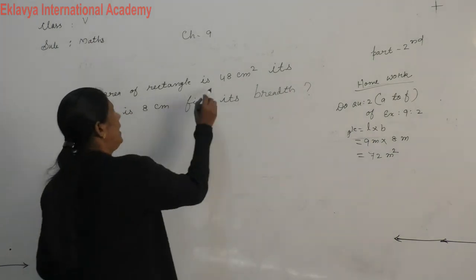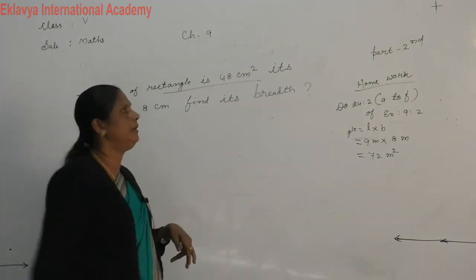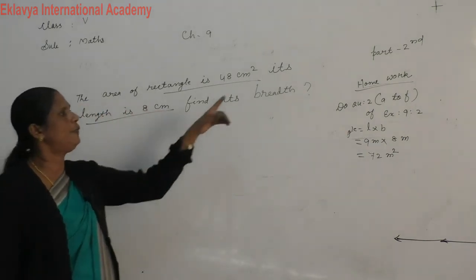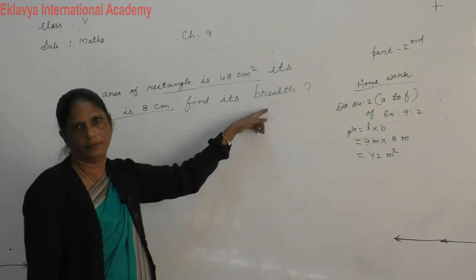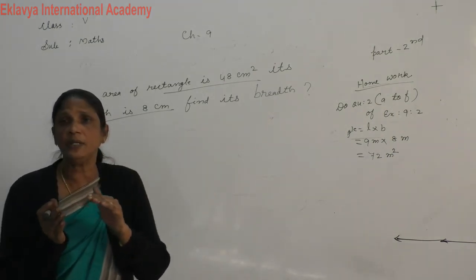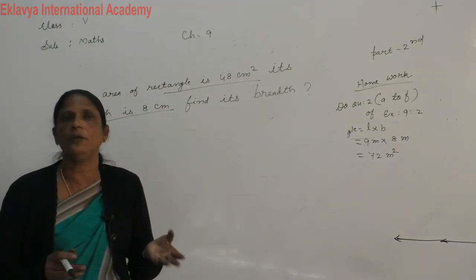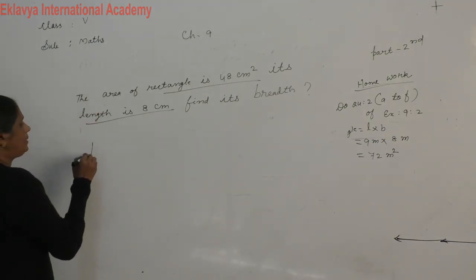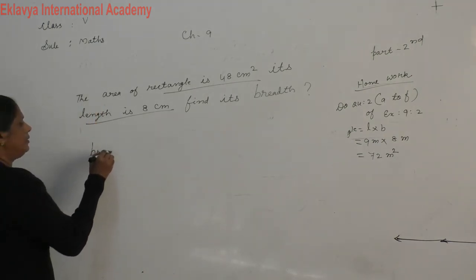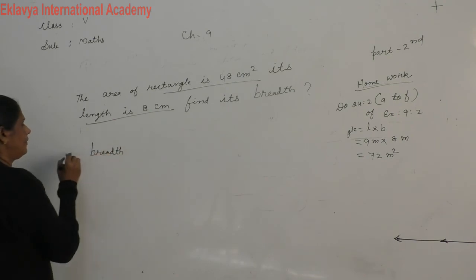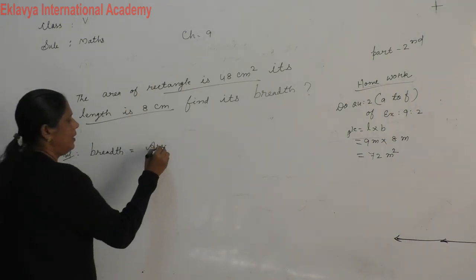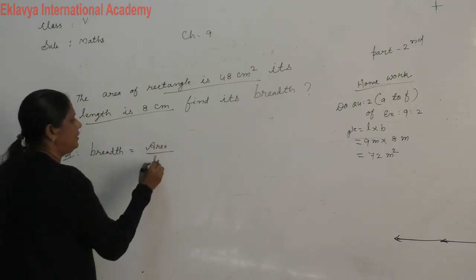Here area is given, and length is also given. You find the breadth. Which formula? What is the formula? Breadth is equal to area upon length.